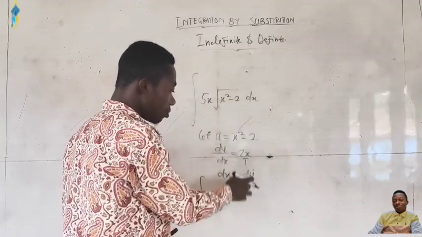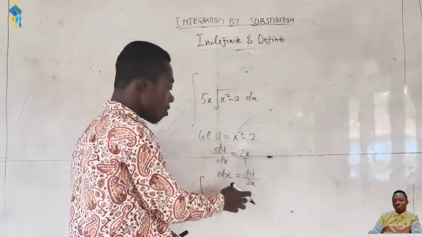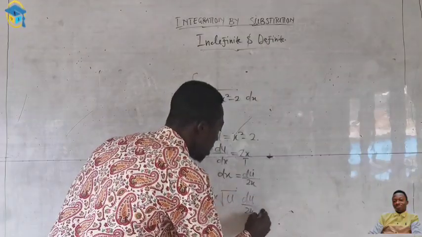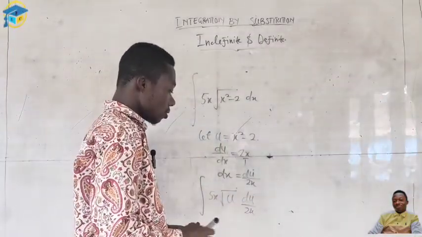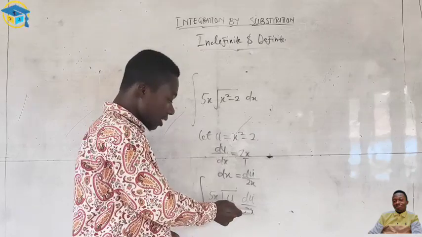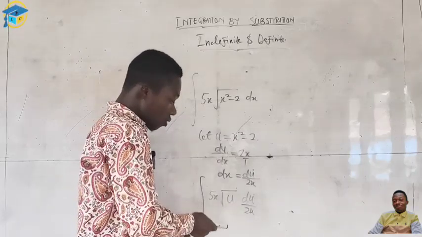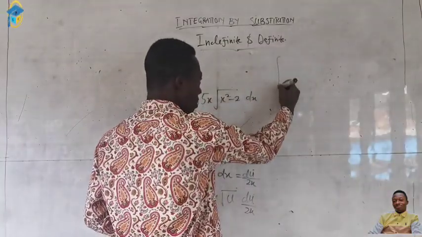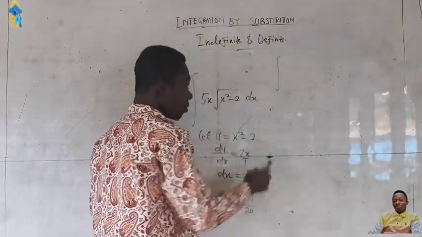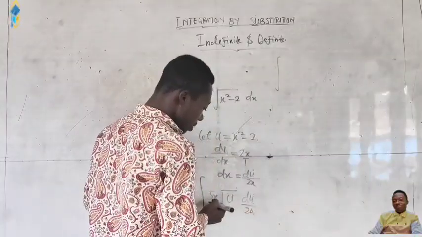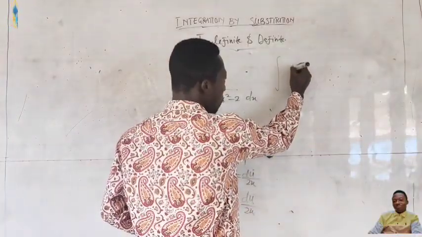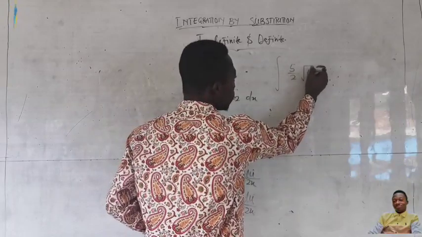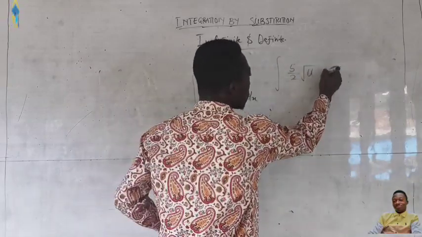In place of dx, we substitute du over 2x. The x can cancel the x here, so we have the integral of 5 over 2 times the square root of u du.